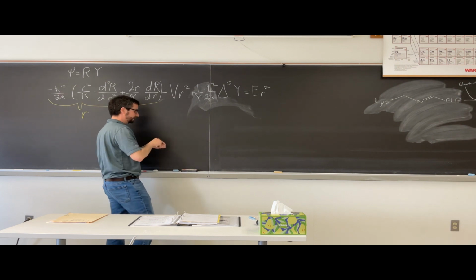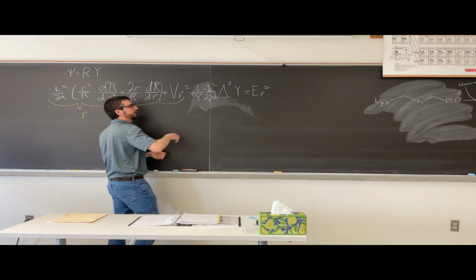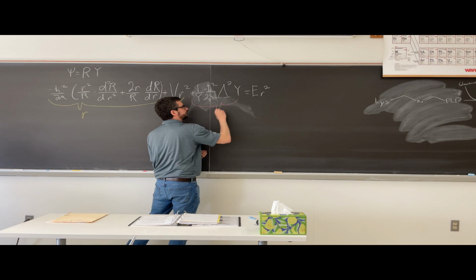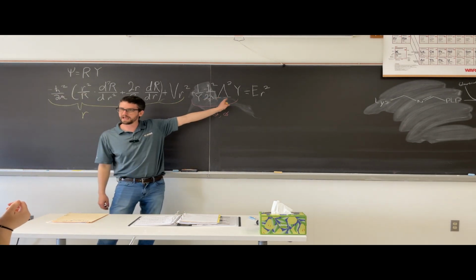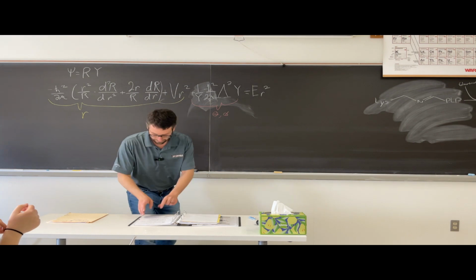Oops, need to extend this. That's all R. And then this thing is theta. And what else? Yep, phi. And then we said, hey, we've already tackled this guy, right?